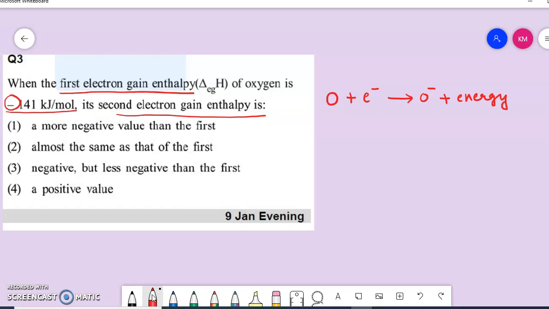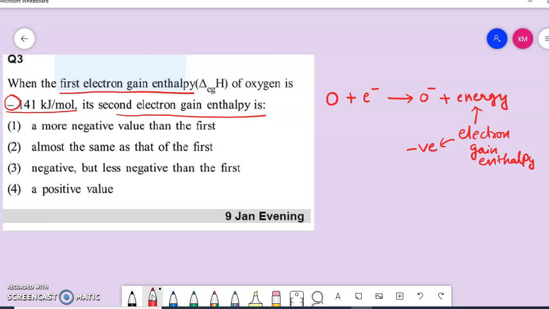The amount of energy liberated when an electron is added to an isolated neutral atom in gaseous state is known as electron gain enthalpy. Generally this electron gain enthalpy is negative.